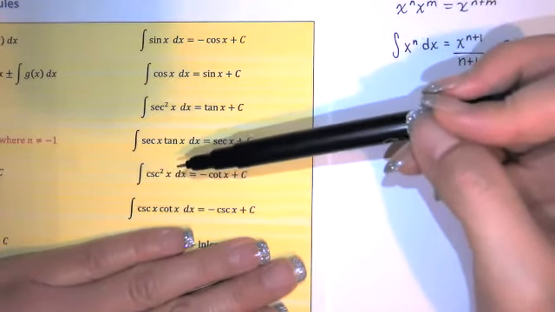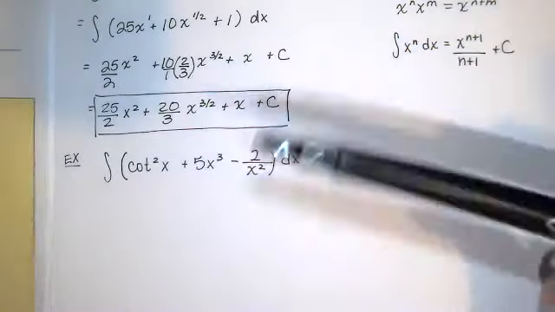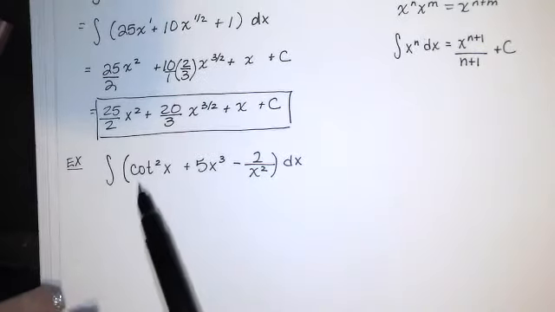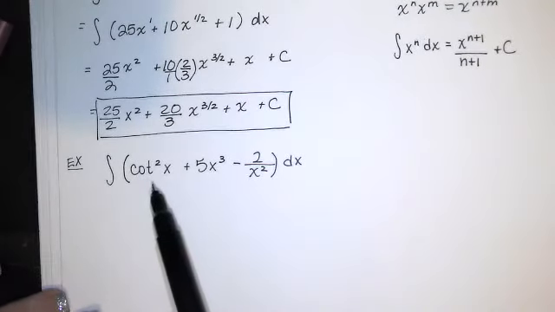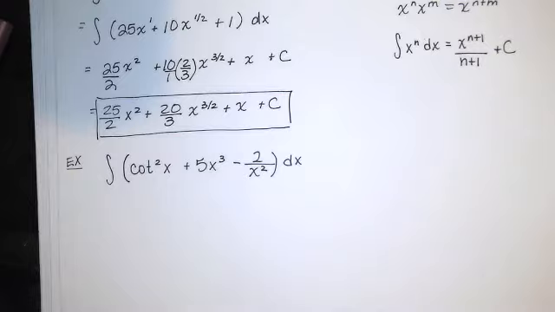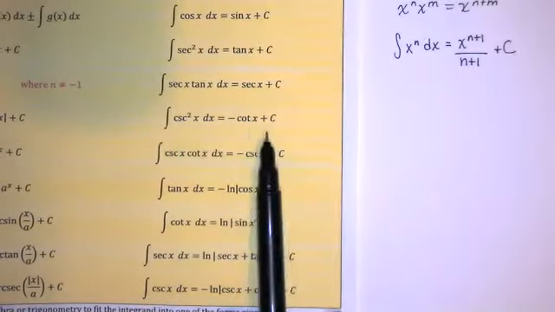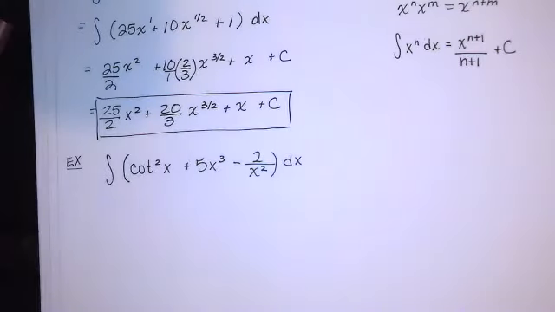That's what I can do here. With this one, I don't have a rule for this, but there is a trig identity that relates cotangent squared to cosecant squared, and I've got a rule for cosecant squared. The antiderivative of cosecant squared is negative cotangent of x.